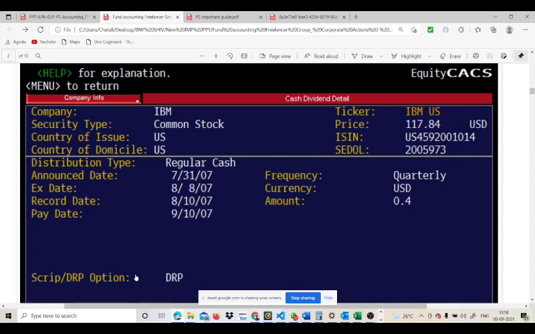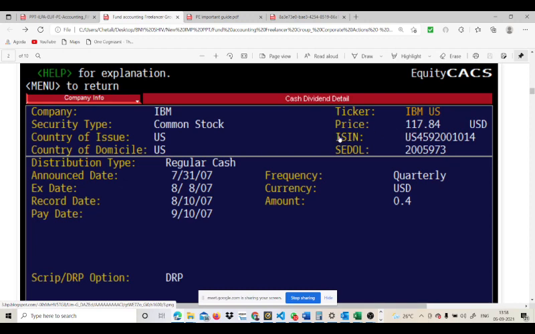The corporate action type is DRP. It means dividend reinvestment plan. Here also you can find the cash dividend as well. But the important thing is the company information: IBM, security type common stock, country of issue US, domicile US, the ticker name and all that you can find, the price.